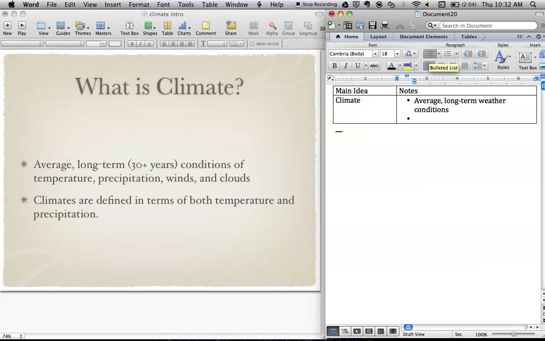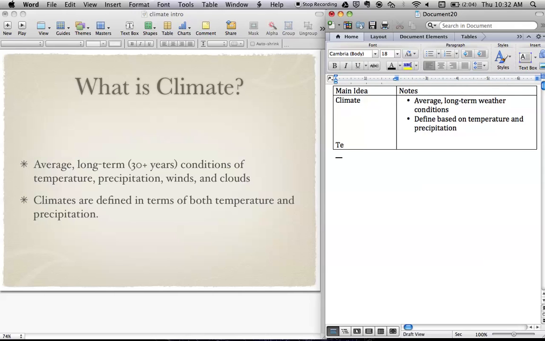And we define climate based on temperature and precipitation. So the climate for a particular region is defined by the temperature of that region and how much precipitation it gets. So let's take a look at some factors that would affect the temperature and precipitation.